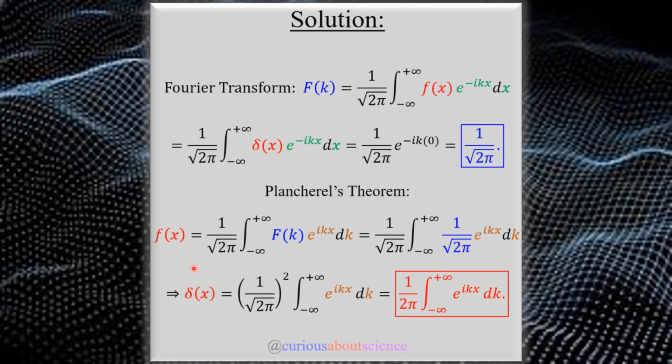But let's recall that our f of x that we plugged into the Fourier transform was a Dirac delta, so we can go ahead and write this down here. From f of x to delta x. Simplify out the constants, we see that we're left with an integral expression, again with the e to the positive ikx over dk. And you see squaring this gives us a 1 over 2 pi, the infinite integral of e to the positive ikx dk, which is exactly what we were trying to show.